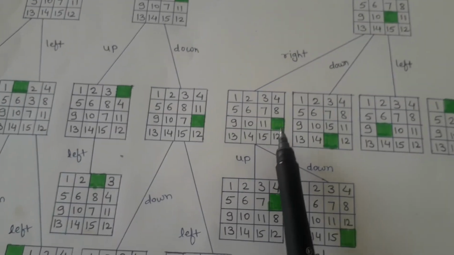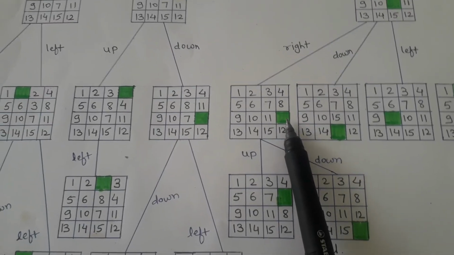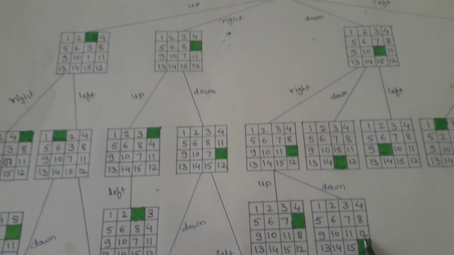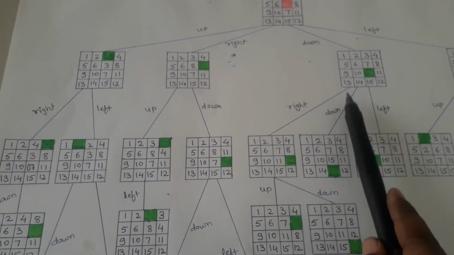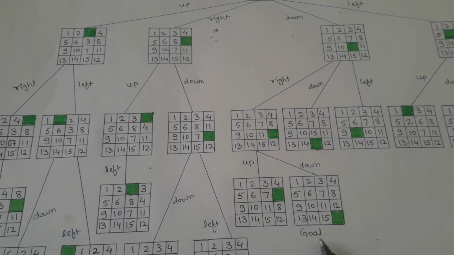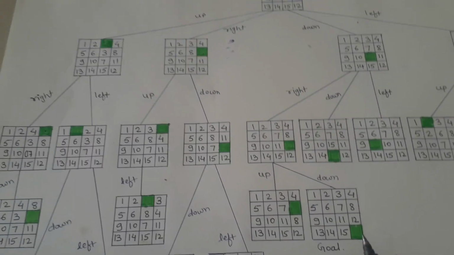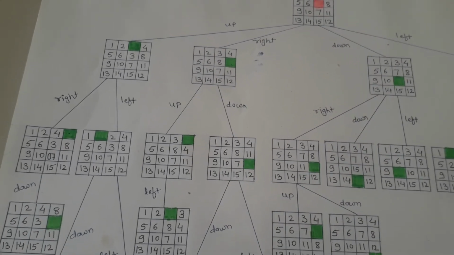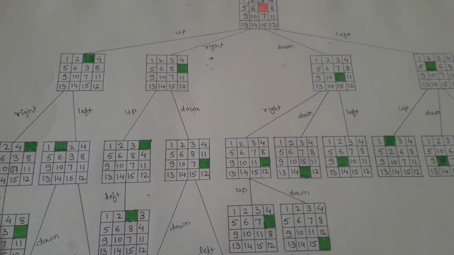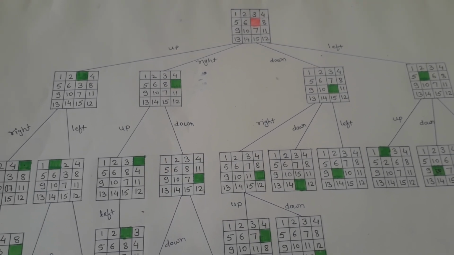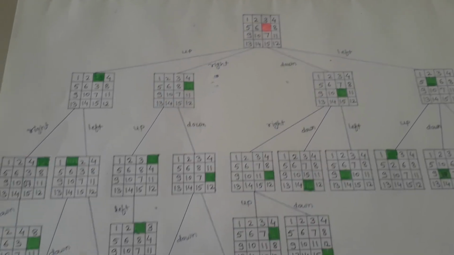And after that this 12 is moved to this empty slot, then we get our goal state. So a total of 3 steps are here, that is the first step, second step and third step. Within this third step we get our goal state. Now in this way we can solve the 15 puzzle problem. And this is the part of the state space tree for the 15 puzzle.